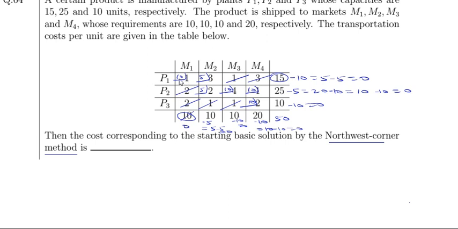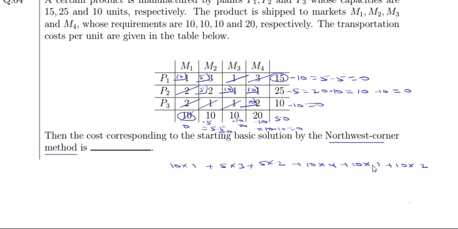So we will find the cost. For 1 unit it is 10 rupees. Therefore 10 into 1 plus 5 into 3 plus 5 into 2 plus 10 into 4 plus 10 into 1 plus 10 into 2. There are 6 allocations.